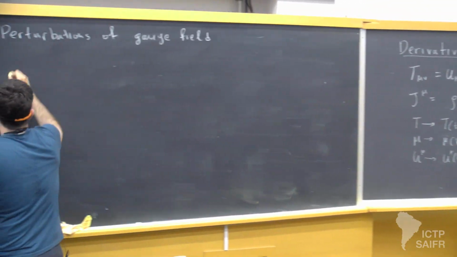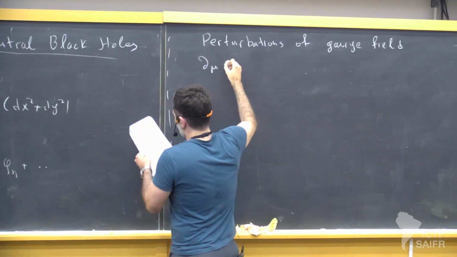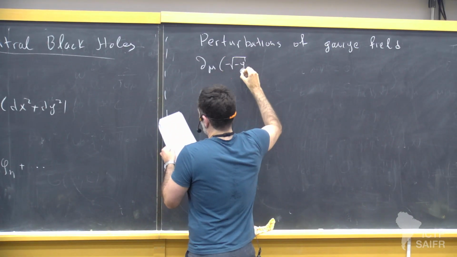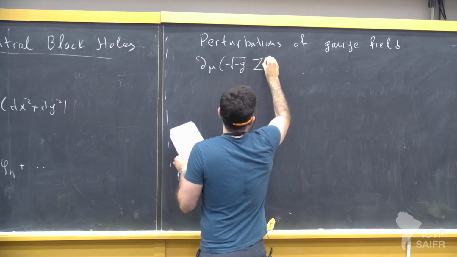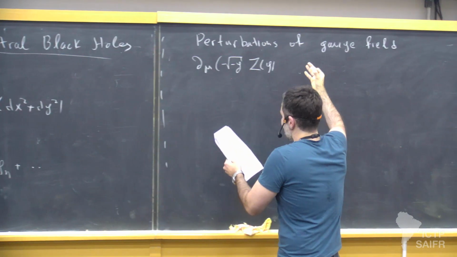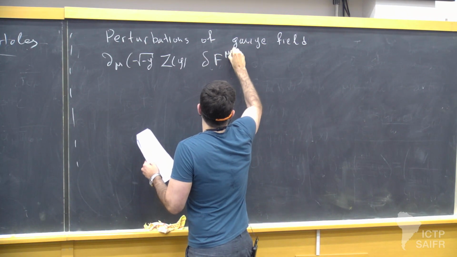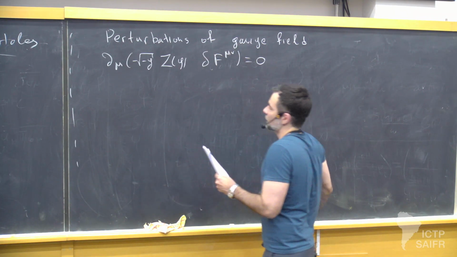The perturbations of the gauge field will be solving the equation of motion that we had written down. So g, Z of phi are just background functions, but I will have a small field strength because I'm looking at the perturbation.